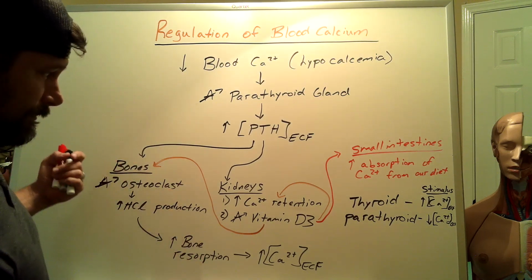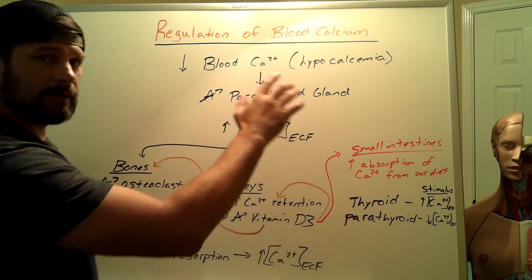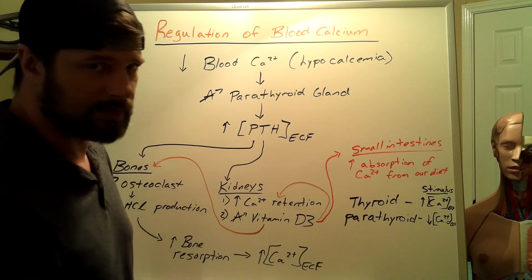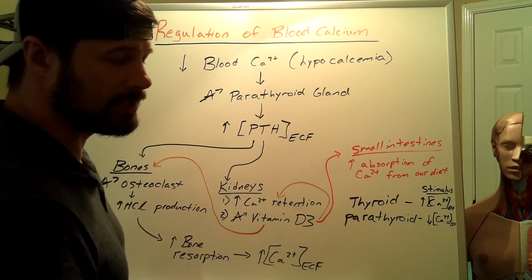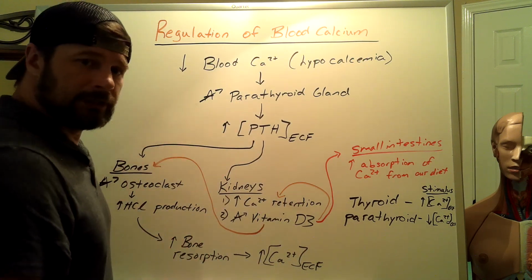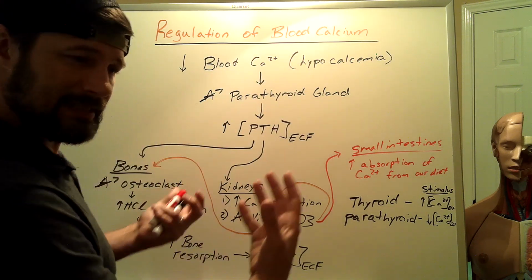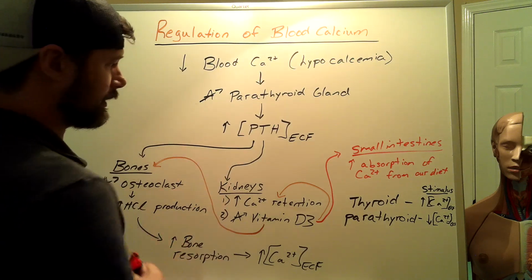And in essence, this is what we're after. Number one, patient has hypokalemia. It doesn't even have to be hypokalemia, by the way. It can just be any old decrease in blood calcium levels, which your body is going to try to fix. That's going to activate the parathyroid gland, because the parathyroid gland detects that decrease in calcium, and then the parathyroid gland secretes parathyroid hormone.